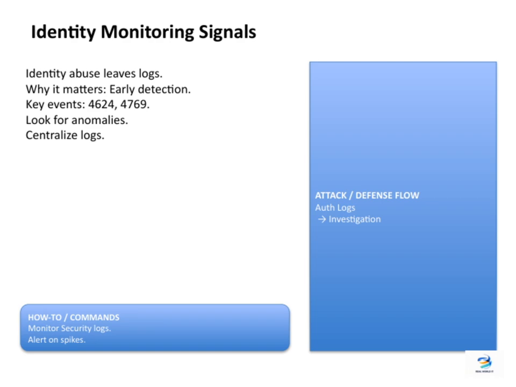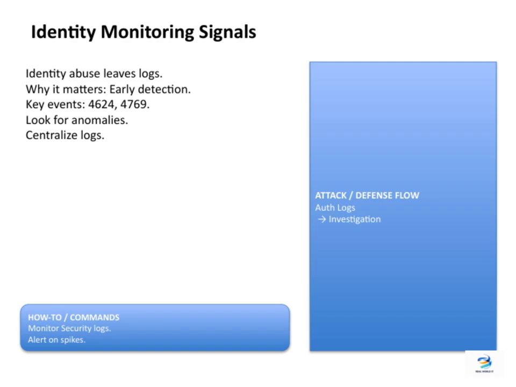Centralizing logs from various sources helps us get a comprehensive view, making it easier to identify and respond to threats quickly. Finally, identity monitoring signals. These are the indicators that alert us to suspicious or abnormal behavior, giving us the opportunity to act before an attacker can do more harm.